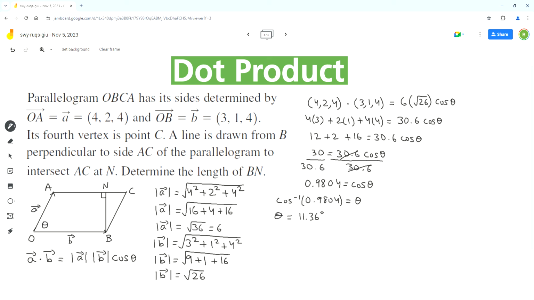Now in a parallelogram, opposite angles are equal to each other. So that means the measure of angle C is also 11.36 degrees. So this is a very important concept we need to understand to solve a problem like this one. Now we can analyze triangle BNC.